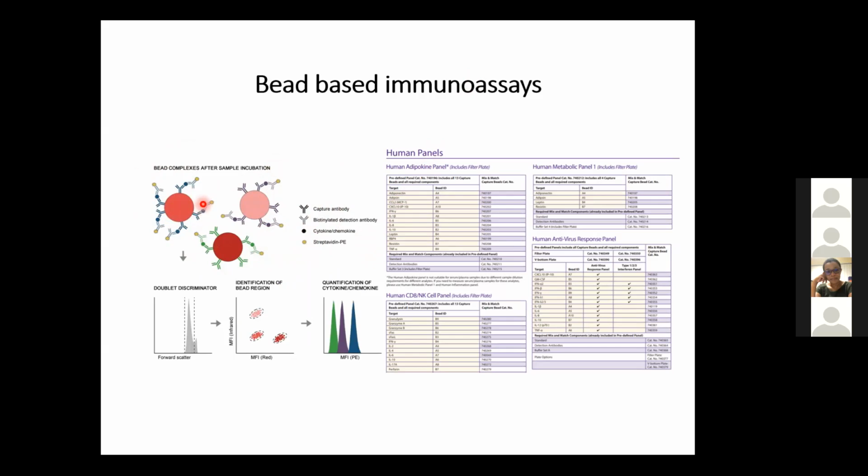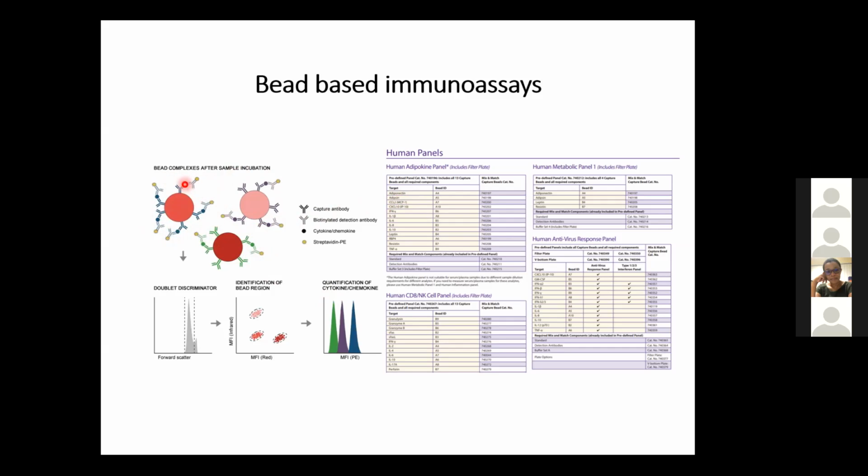So the bead is what captures all the types of molecules that you want to measure in a particular sample. And these are then on the surface. So if this was a bead coated to pick up adiponectin, you would have any molecule that is recognized as adiponectin binding onto the bead.